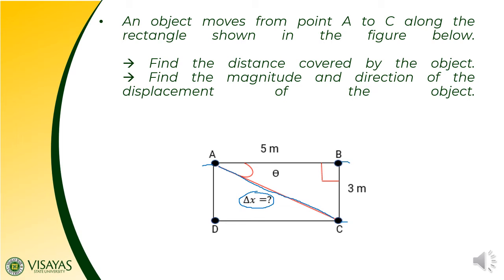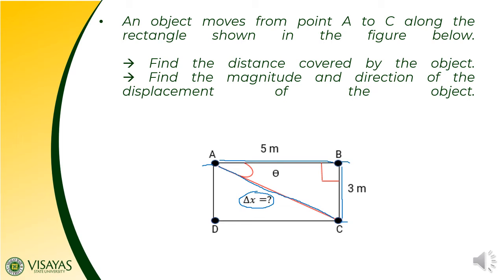As we can see, this problem seems to form a right triangle. So in solving for displacement in this one, we will be using another equation. Earlier, the equation was change in x is equal to xf minus xi, or final position minus initial position.